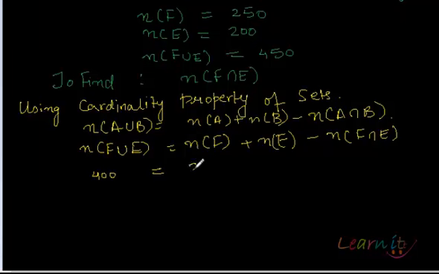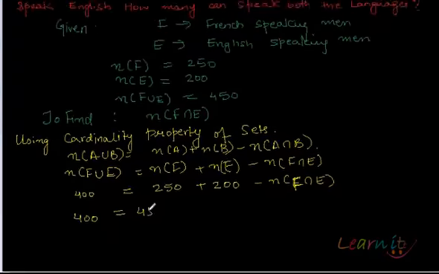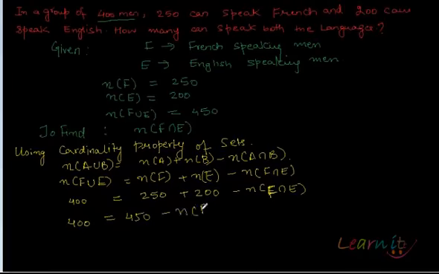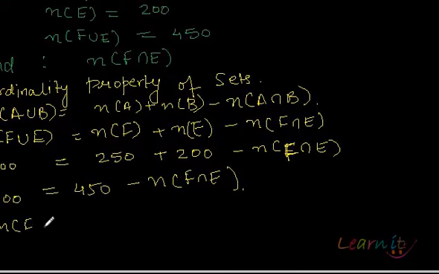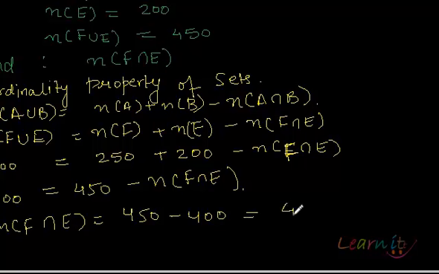We know that French speaking are 250 and English speaking are 200. So how many of them speak both? Essentially it would be 450 minus n(F intersection E). So this implies n(F intersection E) equals 450 minus 400, which gives 50. So there are 50 men who can speak both the languages.